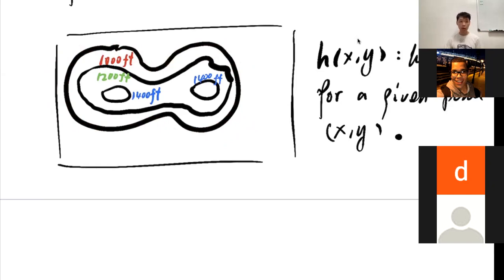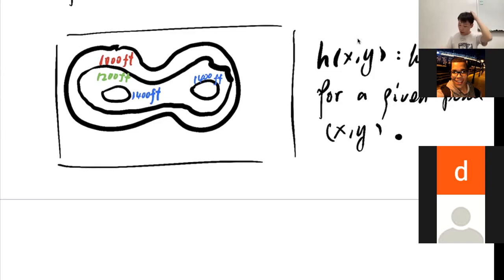When you step on this point, you know you're 1,000 feet from sea level. And then when you move on to another level curve, you change the height. So when you travel from here to here, now you're on the points where you are 1,200 feet from sea level. And then you move on and you move on. These two level sets are representing the points that are 1,400 feet in height from sea level.